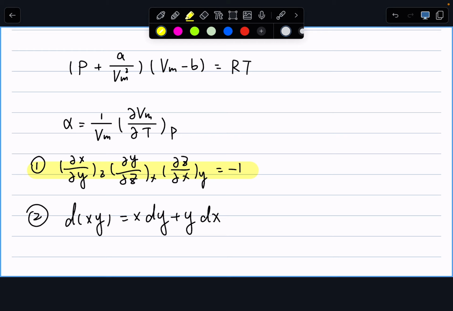So T thus equals 1 over R times (P plus A over Vm squared) times (Vm minus B). Since we're keeping Vm constant and taking the derivative over pressure, this term here doesn't have any pressure dependency.